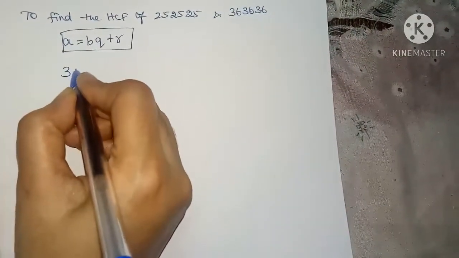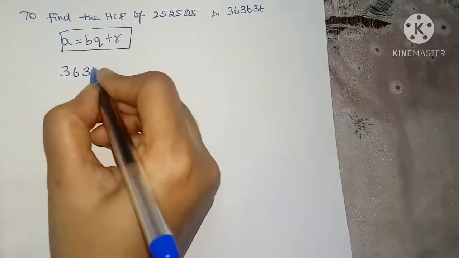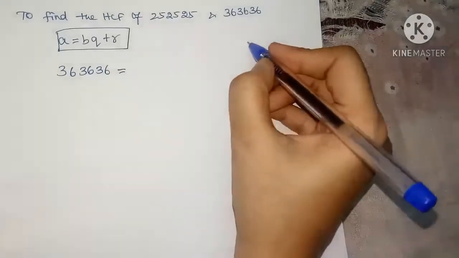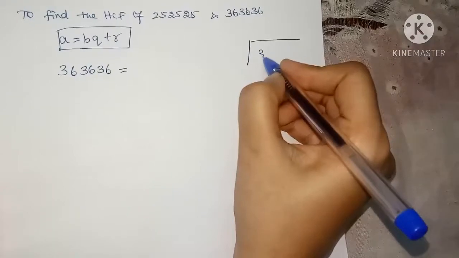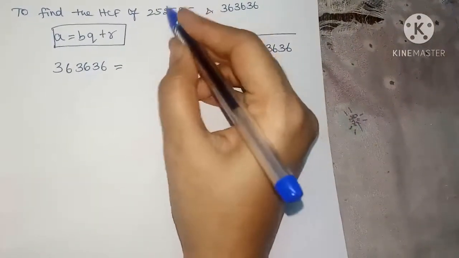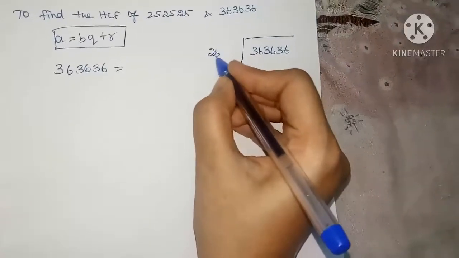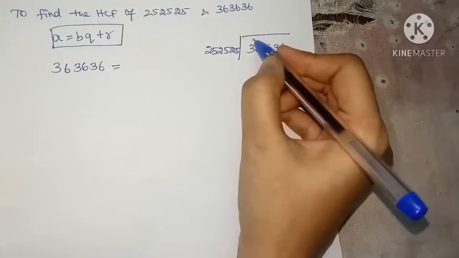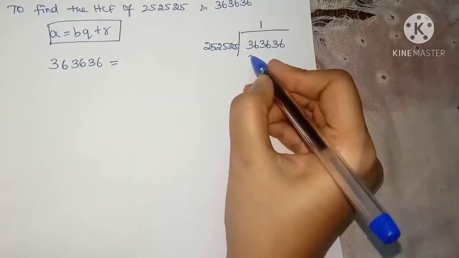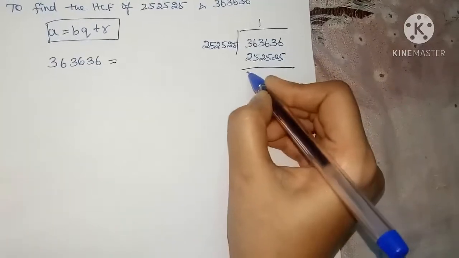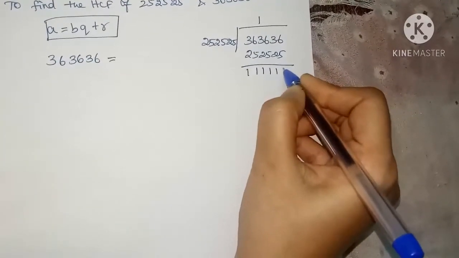Dividend, which is 363636. Divide this by your divisor, which must be 252525. So 1 time 252525. Remainder 111111.